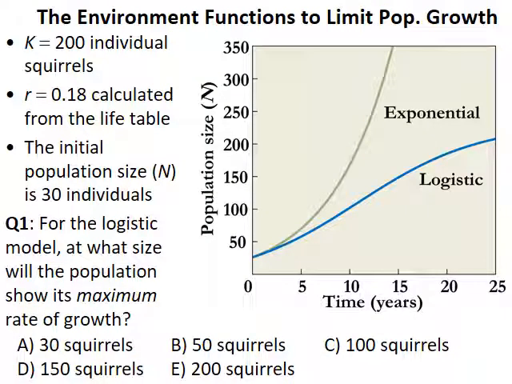Comparing logistic, S-shaped, and exponential, J-shaped, we have time on the x-axis and population size on the y-axis. We can compare our two curves, with a K of 200 and r of 0.18, and the same initial population size of 30, and see how this pans out for logistic versus exponential growth.